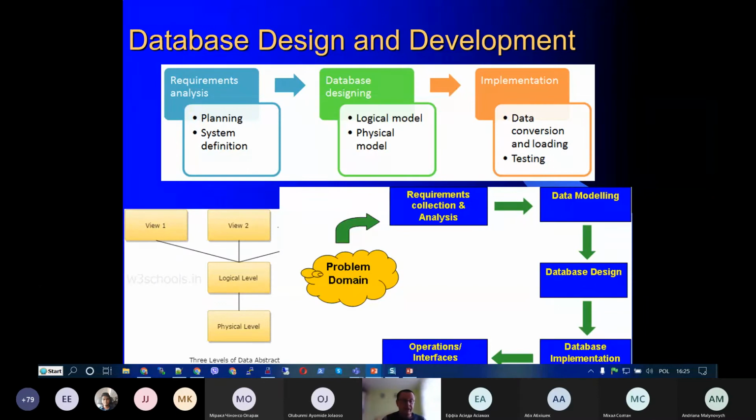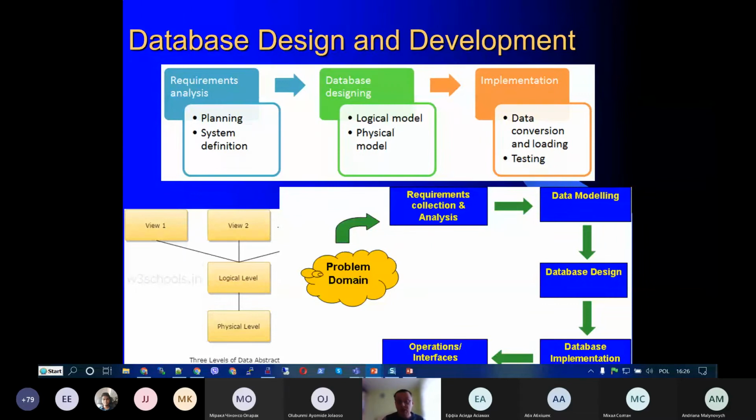So, the steps for database development are very similar to those for any application software. We have to analyze requirements, create a plan and define our system, then create the initial design.